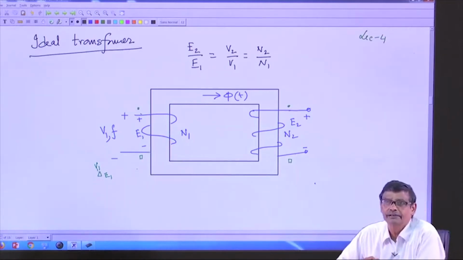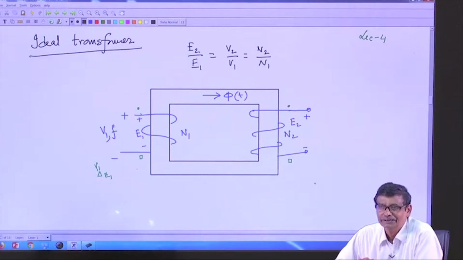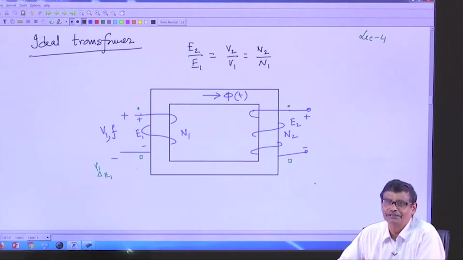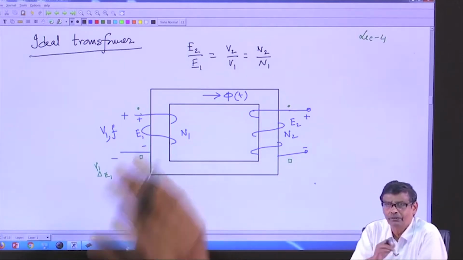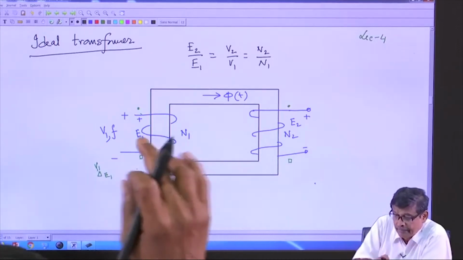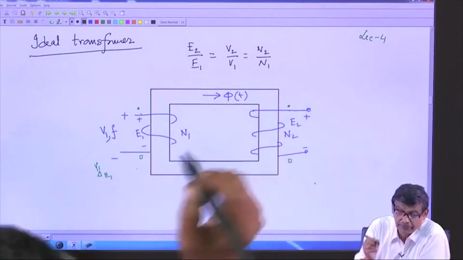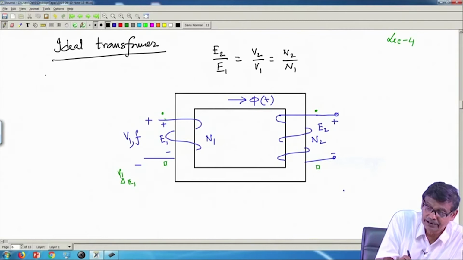What else? Because there is no resistance. Essentially N1 dphi/dt is nothing but L di/dt. From your circuit analysis you know this; if time permits we will dwell upon that, but the point is, if I want to draw the phasor diagram, I will do it like this.